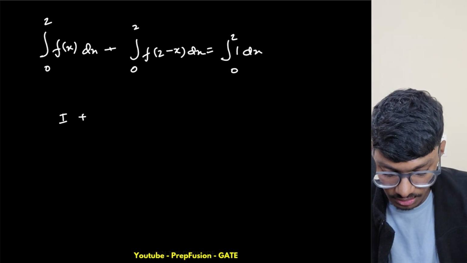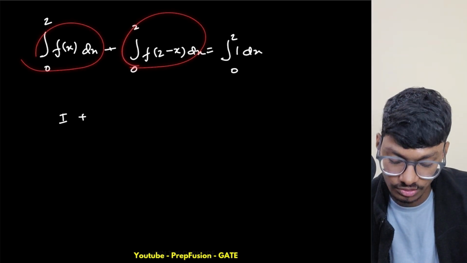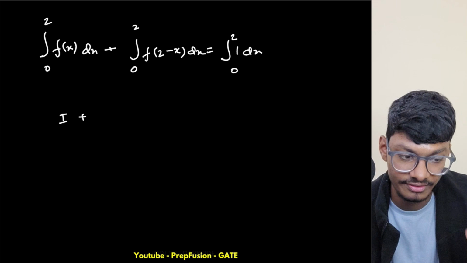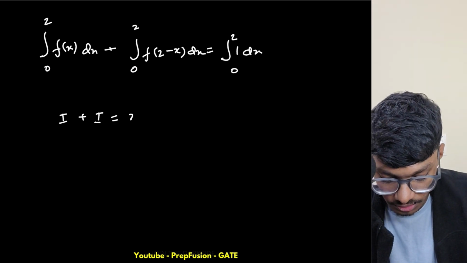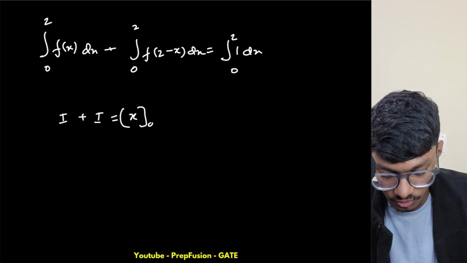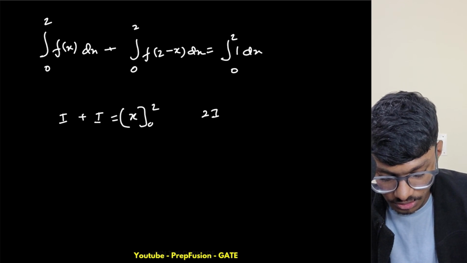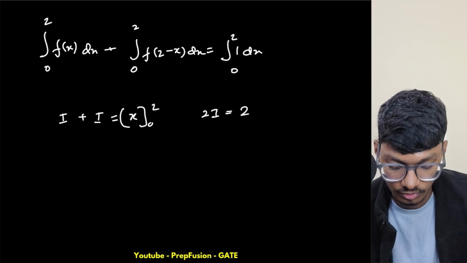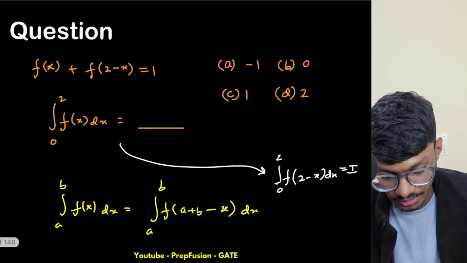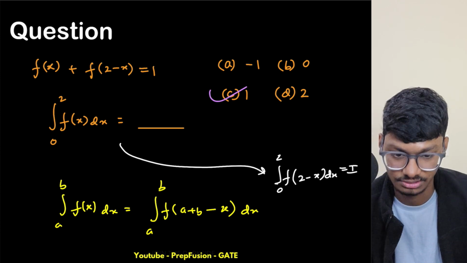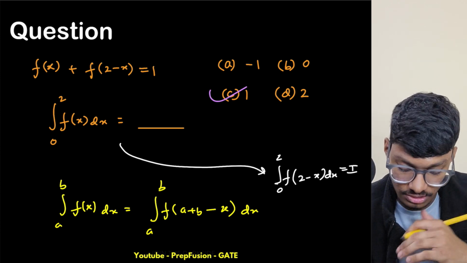So this is I plus, again this is also I, because these two things give the same final value. So this is I equals x from 0 to 2. So 2I equals 2 minus 0, so I equals 1. So my answer will be C. This is simple only, not much brain you have to use.